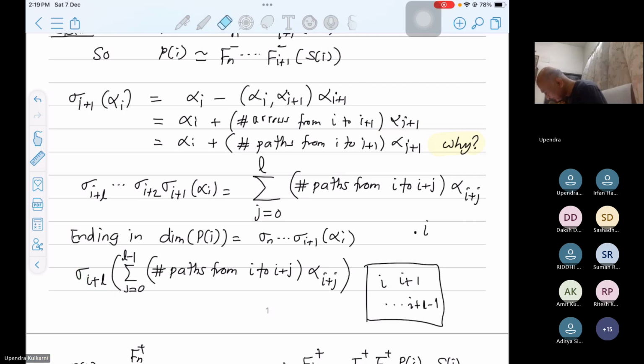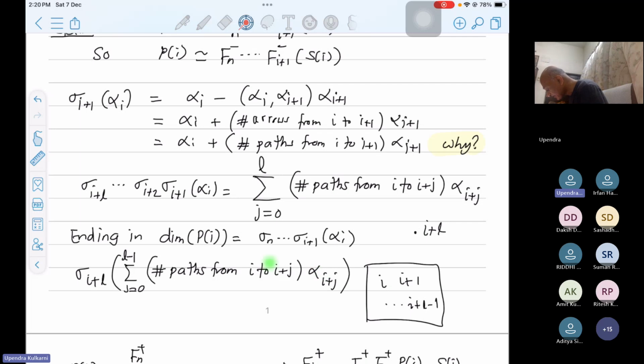What happens when I apply the sigma i plus L? The sigma i plus L applies to every single one of these things. And when it applies to i plus j, what is the extra thing that I get?